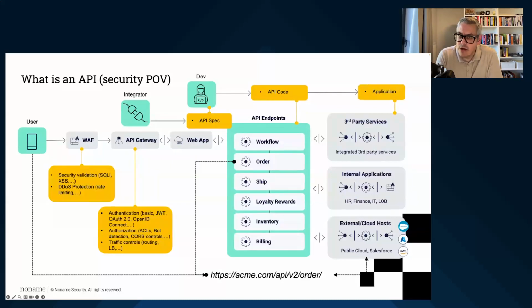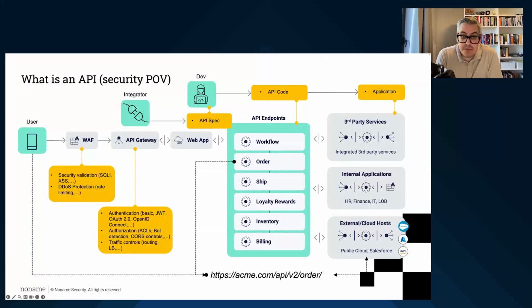You have to protect the application side, you have to protect the API itself, so the middleman between the consumer and the application. You have to validate the API specification so that people integrating with your system on the front end can do that in a secure way as well.